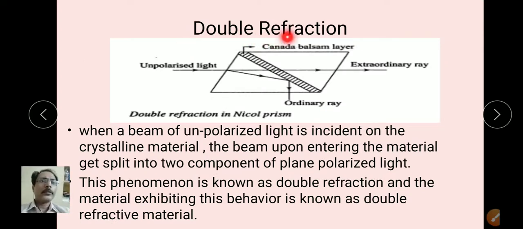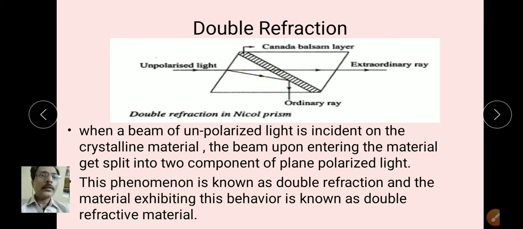One example of double refraction is the Nicol prism. It is a double refraction in the Nicol prism. So what happens? You can see the Nicol prism is in this shape. First the light is unpolarized. When it hits the Nicol prism at this point, you can see one ray propagating in the same direction, but another ray is just inclined, making some inclination.